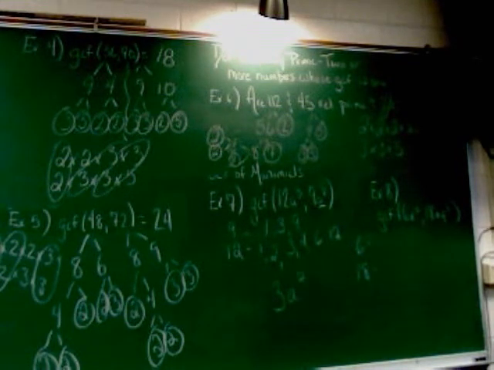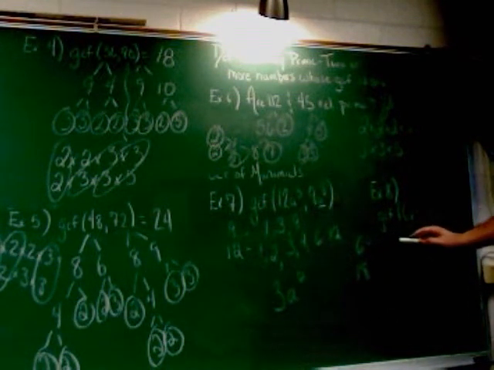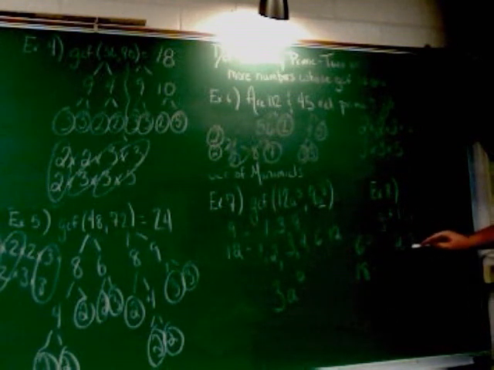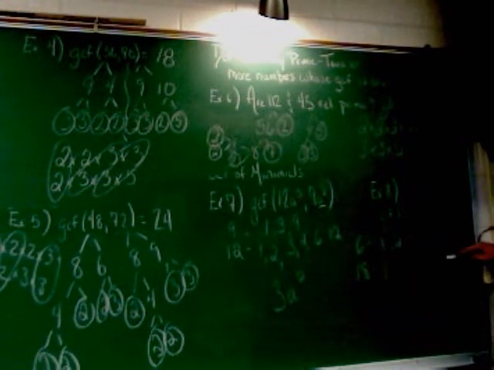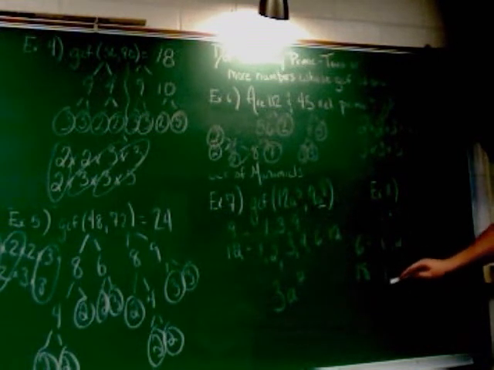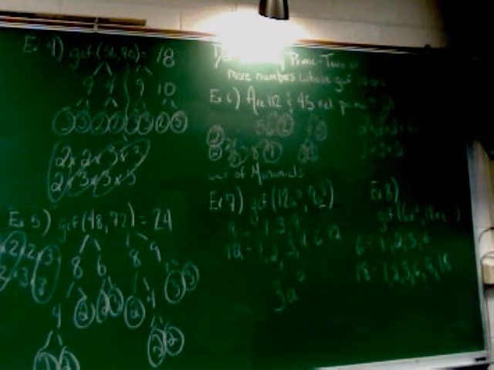Matt. 3 and 2 and 1 and 6. Break down 18 for me. Christian. 3 and 6 and 1 and 18. 1 and 18, 3 and 6, 9 and 2. There you go. All right, so the largest number that's in both lists is obviously 6.